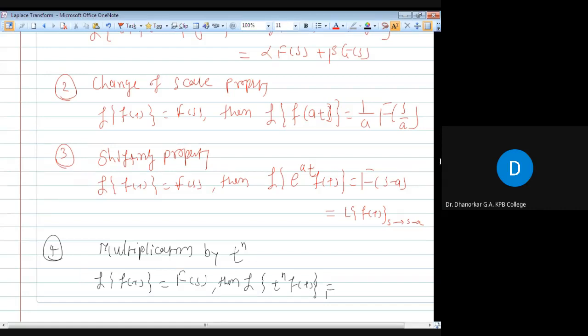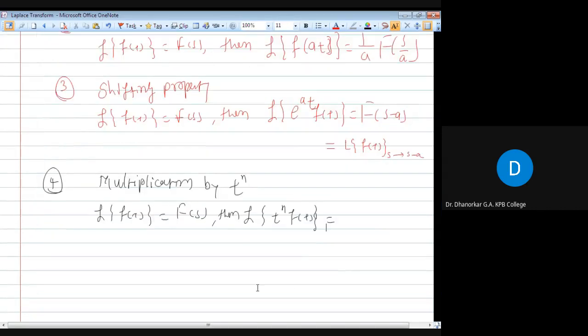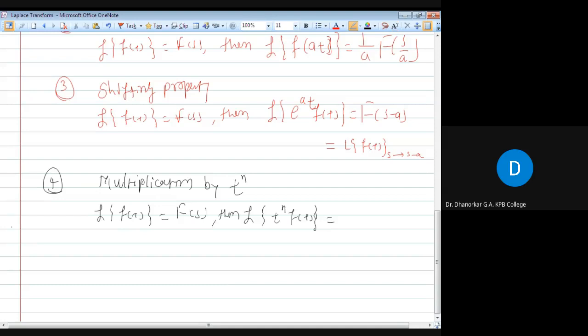To find the Laplace transform of this function, I will prove this result for n equal to 1, and then we'll try to generalize our result for t raised to power n.